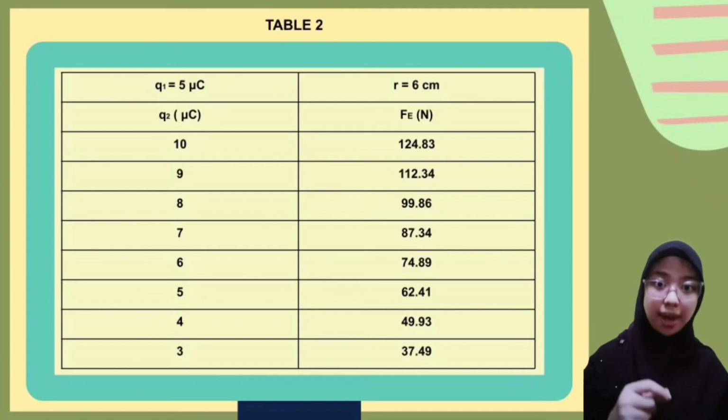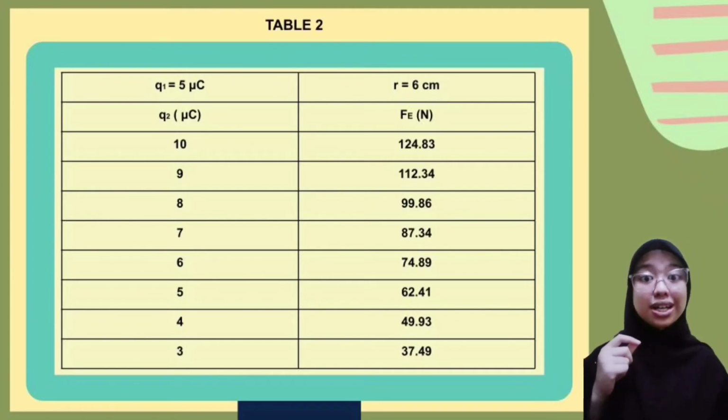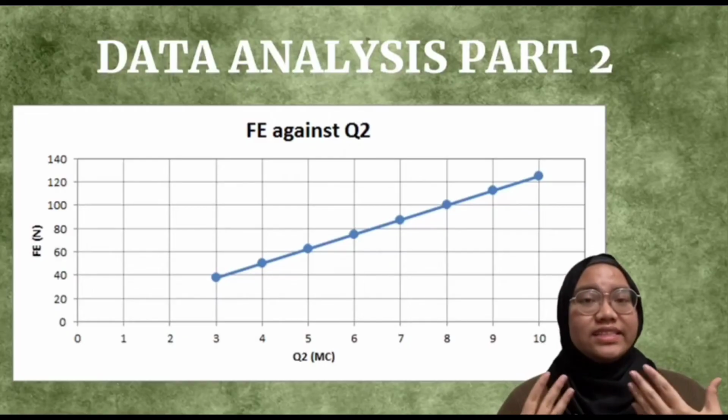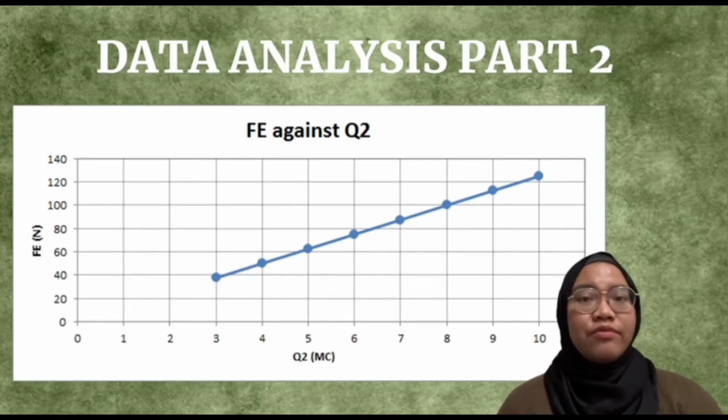For 5 microcoulomb and 4 microcoulomb for Q2, the Fe that we get are 62.41 Newton and 49.93 Newton. Lastly, when Q2 is equal to 3 microcoulomb, the electrostatic force that we get is 37.49 Newton.